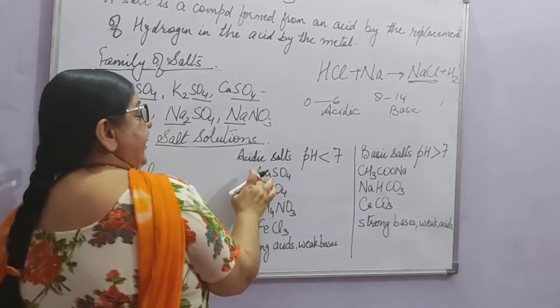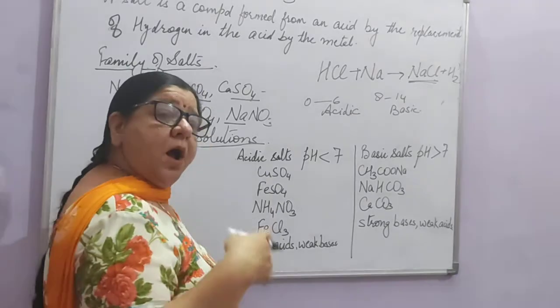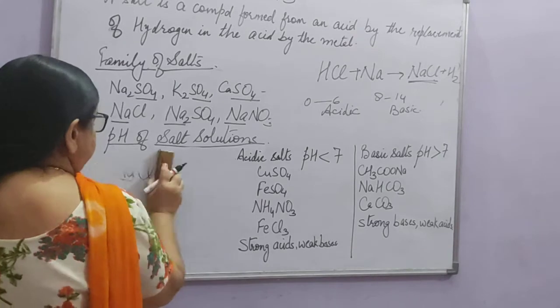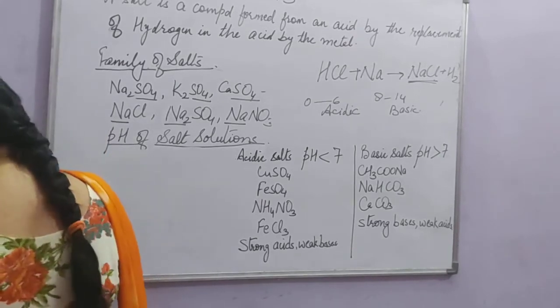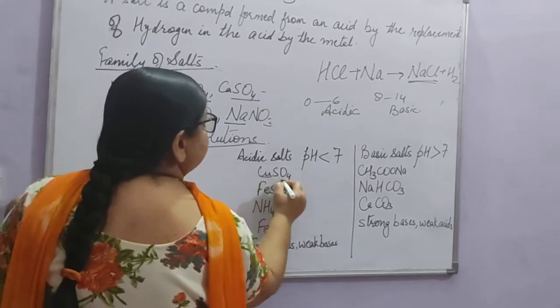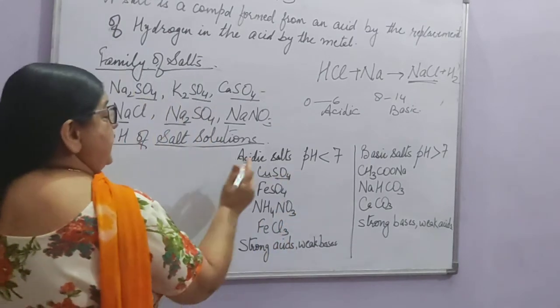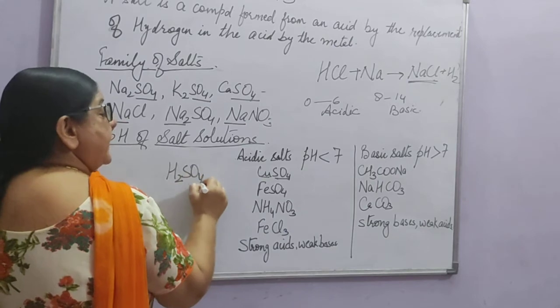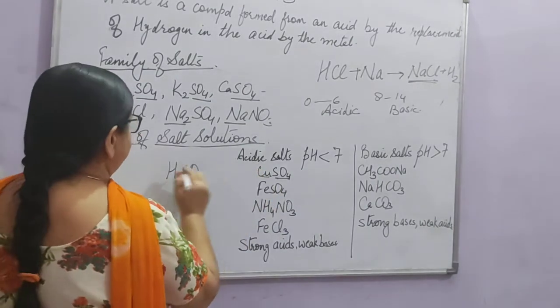So here if we take copper sulfate. Now how is copper sulfate formed? How do we form the salt? Now copper sulfate. Sulfate here means H2SO4, right? H has been replaced by copper.